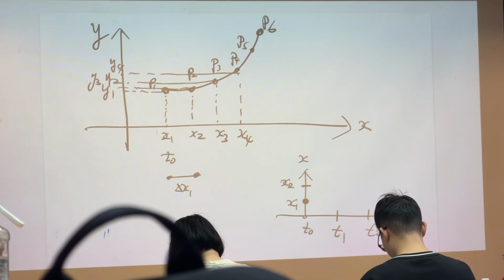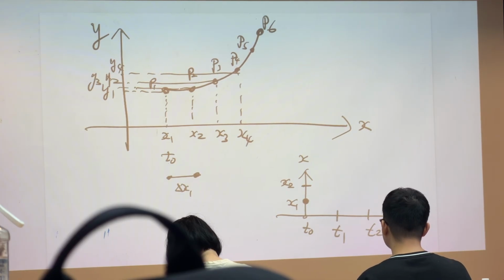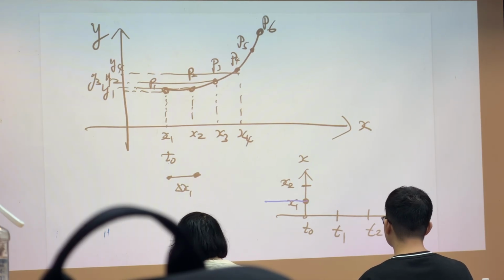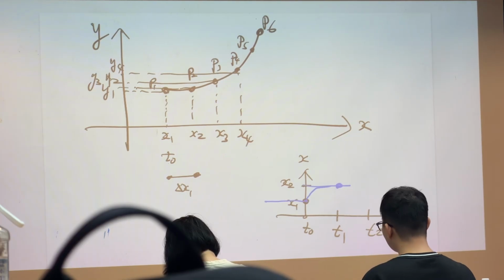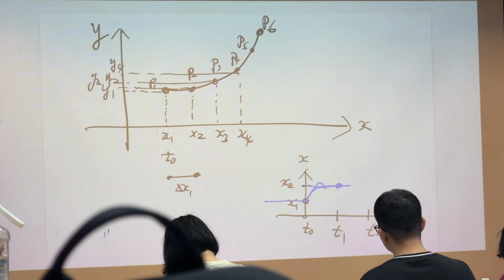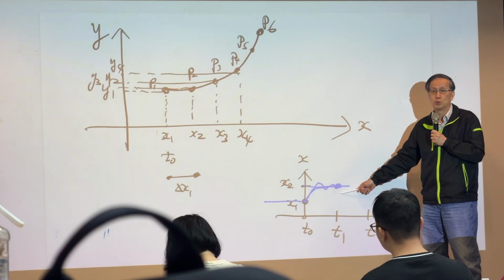So I have a step function from X1, and I need to move to X2 here. But maybe my trajectory is something like this, or even this. Do you understand? So this is the step function we just showed you.